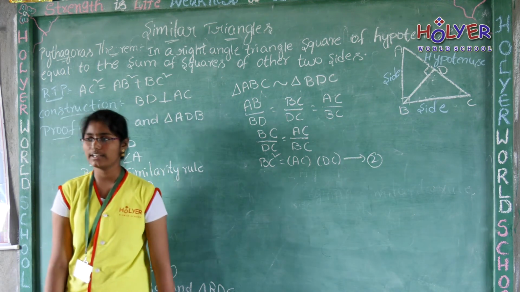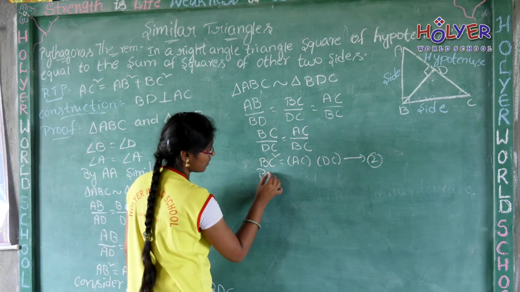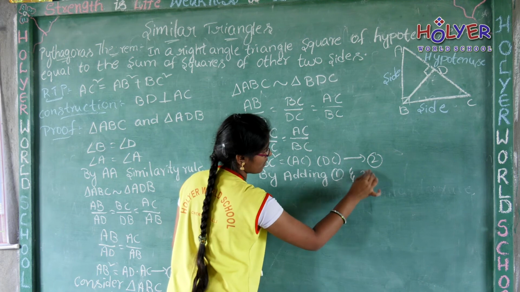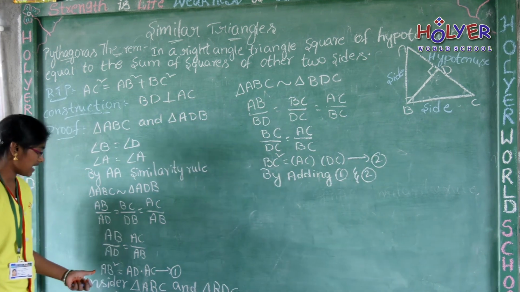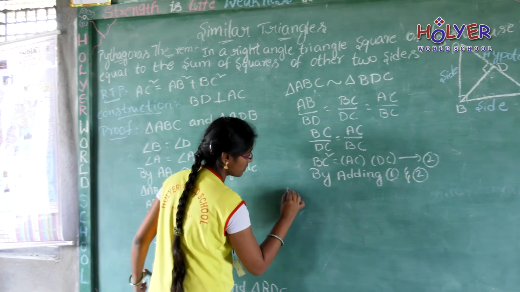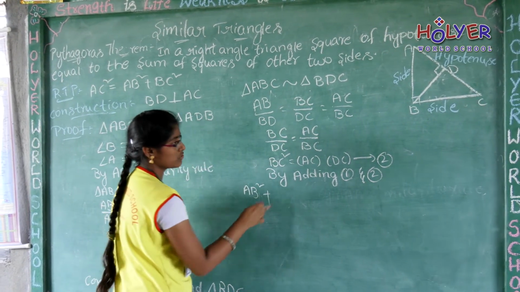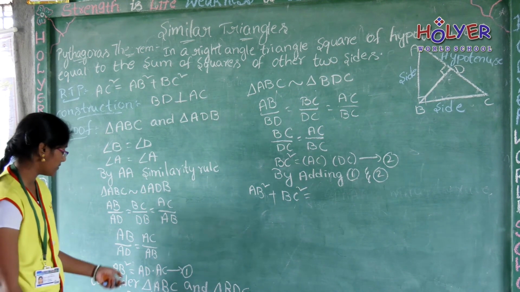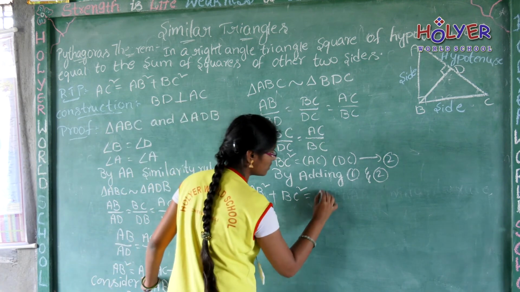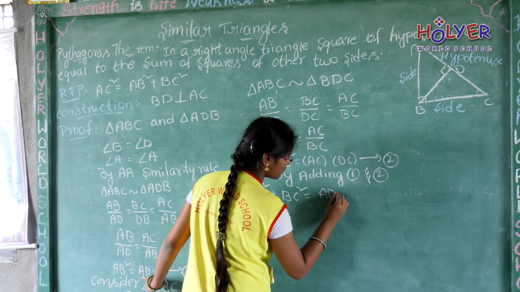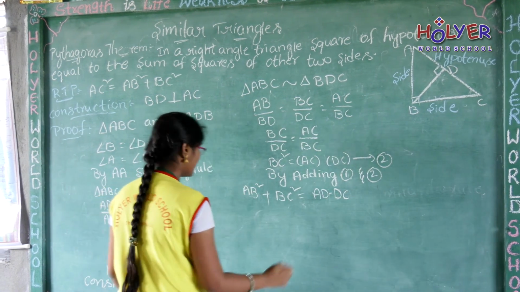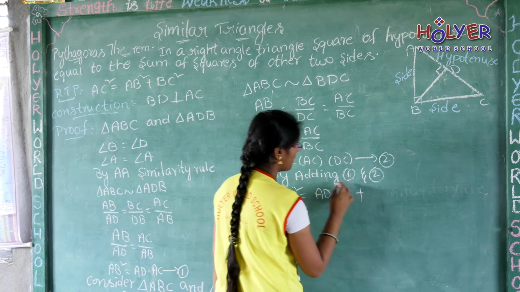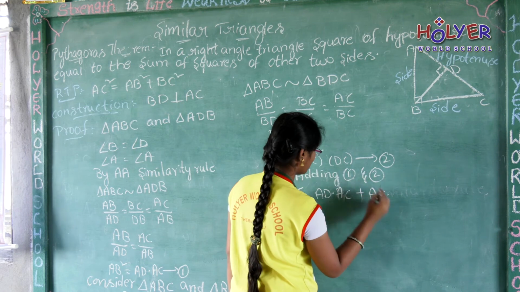By adding equation 1 and equation 2: first add the LHS, AB square plus BC square, is equal to the RHS, AD into AC plus AC into DC.